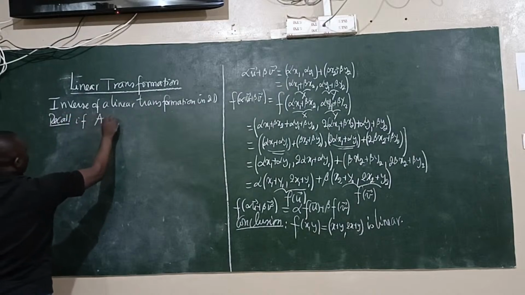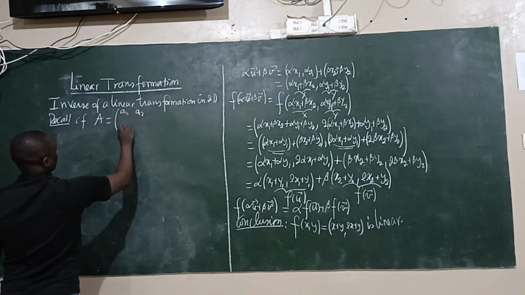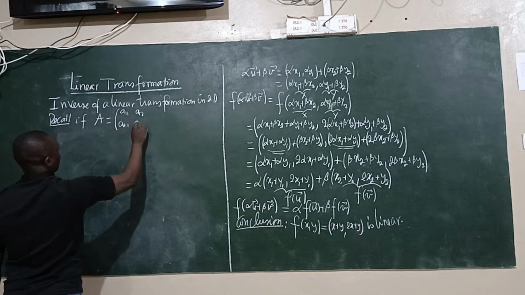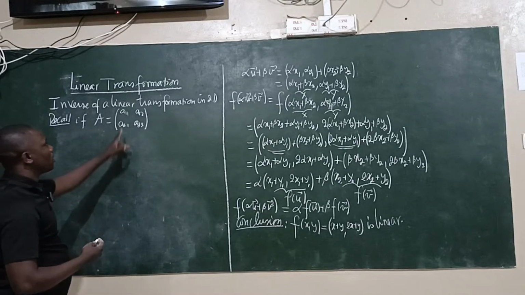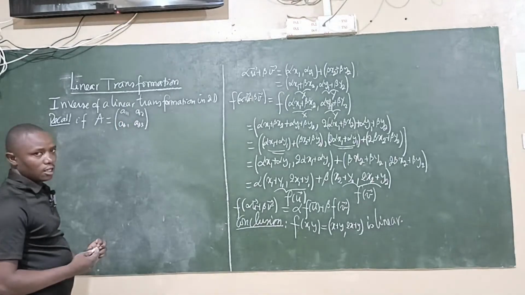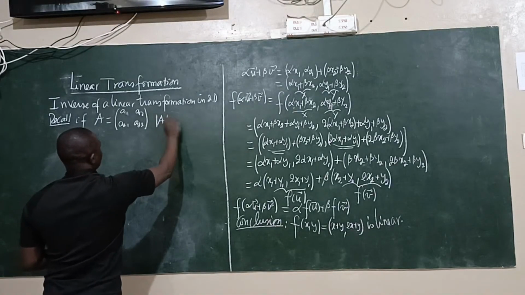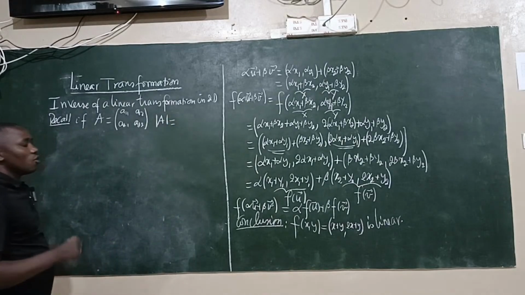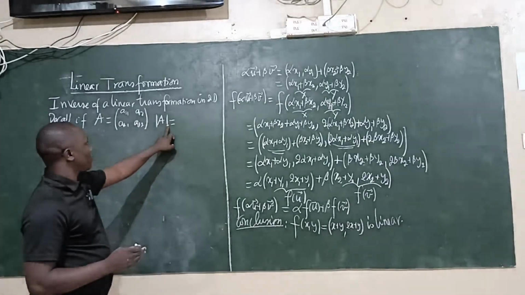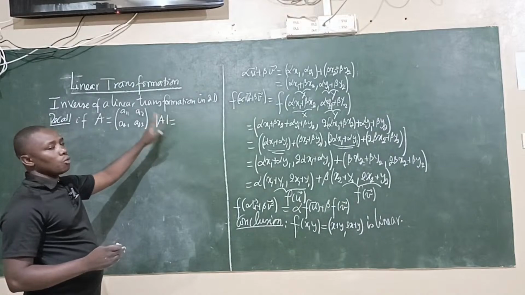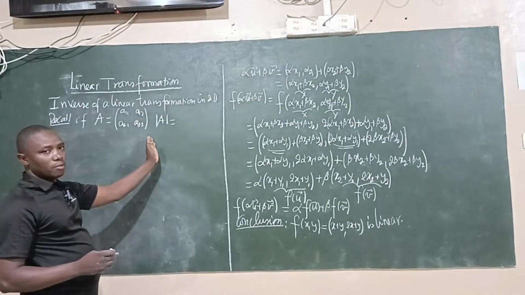If a matrix A is A11, A12, A21, A22, how do they find the inverse of this matrix? As you remember, before finding the inverse, we first of all find the determinant of this matrix, where we take a product of main diagonal elements.